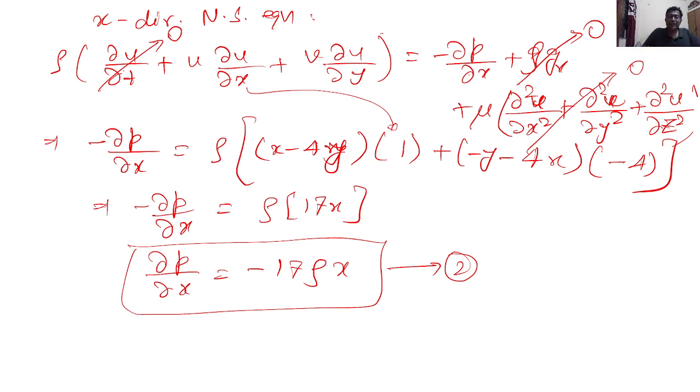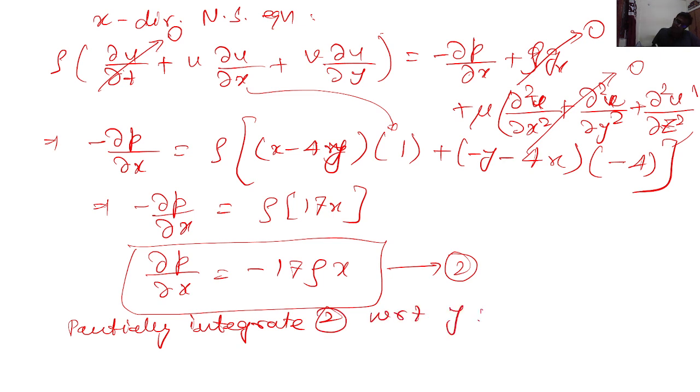So how do we find the final expression for p in terms of x and y? Just partially integrate, with respect to y.